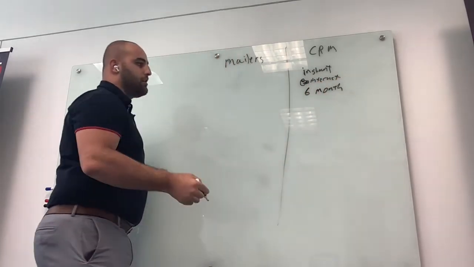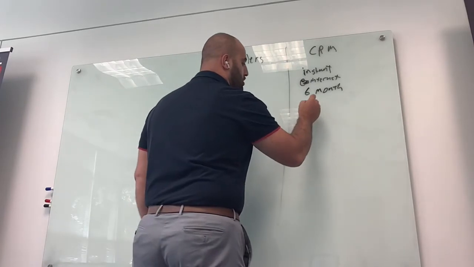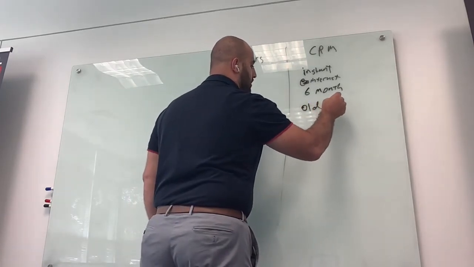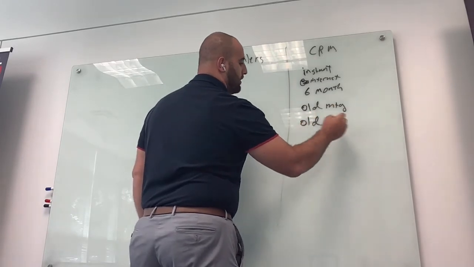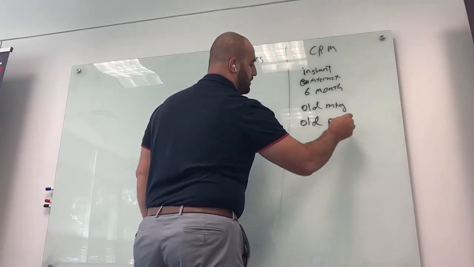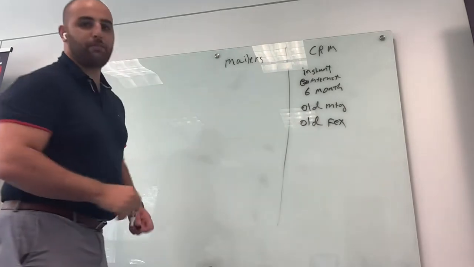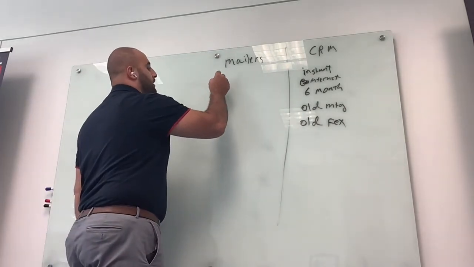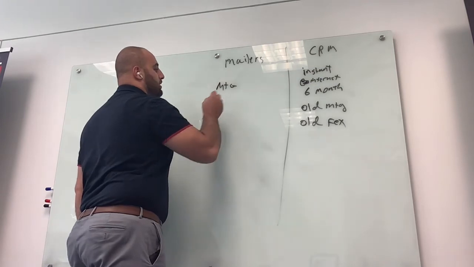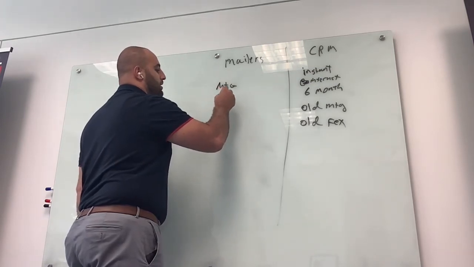And then you got the old mortgage, the old final expense mailer, and got a big list in there. With the mailers, you got the mortgage and final expense.